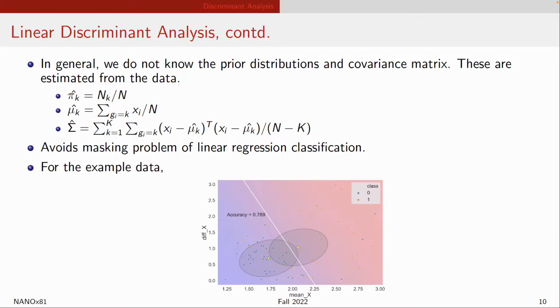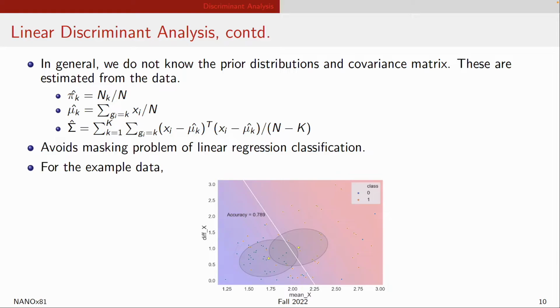So let's look at how linear discriminant analysis works for the data set that we have. In linear discriminant analysis, because my covariance matrices are all the same, you will notice that the ellipses that are generated, which are an indication of the distribution of the means and variances of your data, are all oriented in the same direction and have the same size.